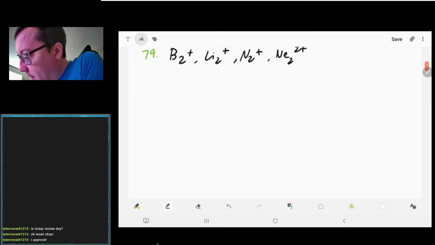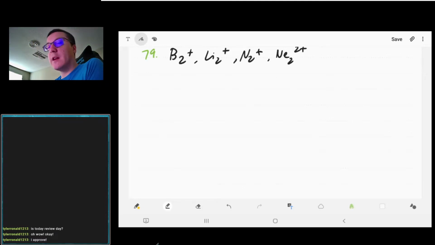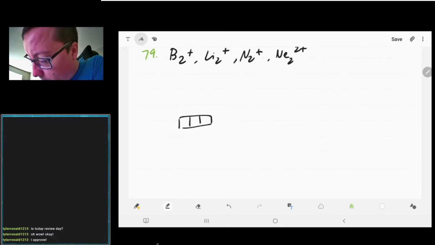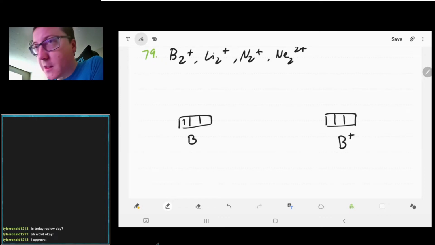Okay. So let's start with the boron one. For all of these, except for the lithium, I'm going to forget about the 2s. So boron has just one electron in 2p. The other one will make our boron plus, which has no electrons in 2p.